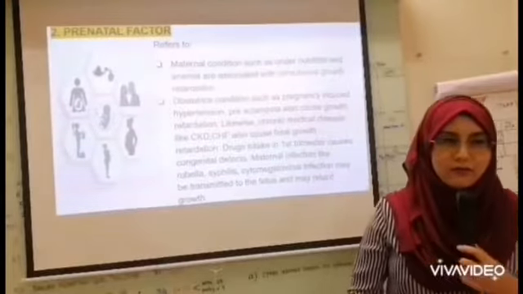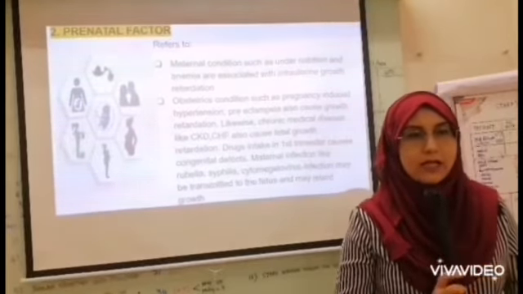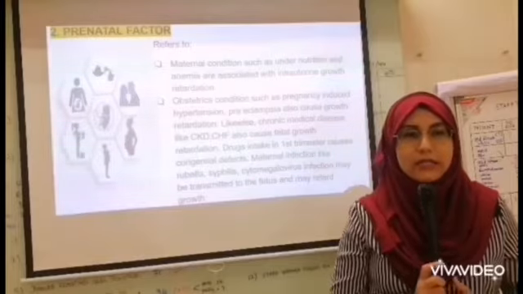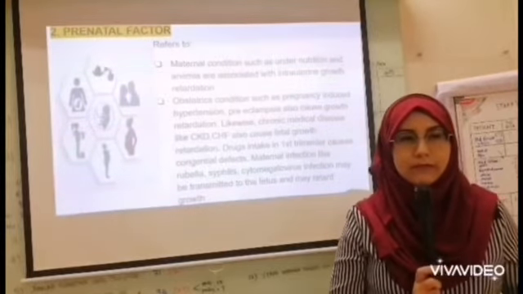Prenatal factor refers to maternal condition such as undernutrition and anemia, which are associated with intrauterine growth retardation.